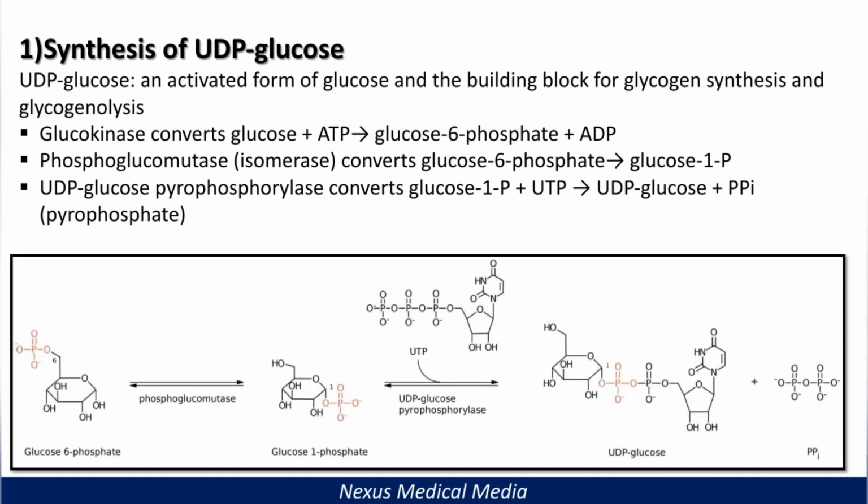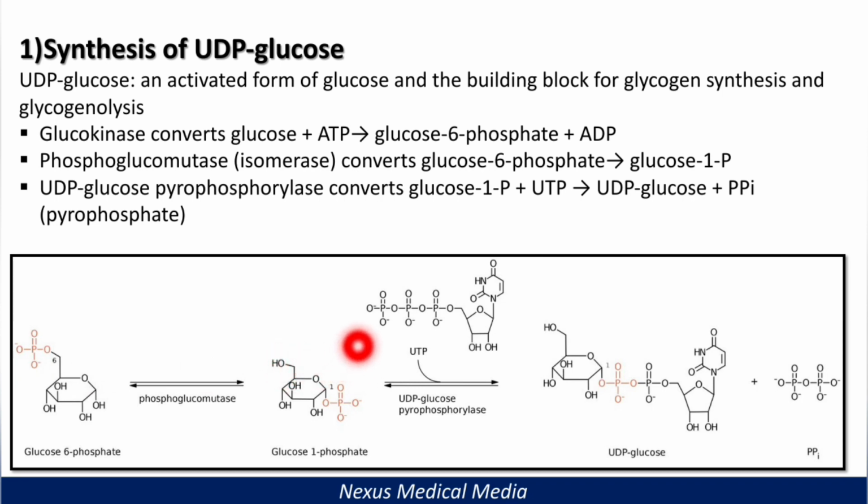This is shown here. As you can see, this is your glucose 6-phosphate. You can see the phosphate on carbon number 6, and via this isomerase enzyme, phosphoglucomutase, you change the position from carbon 6 to carbon 1, giving glucose 1-phosphate.